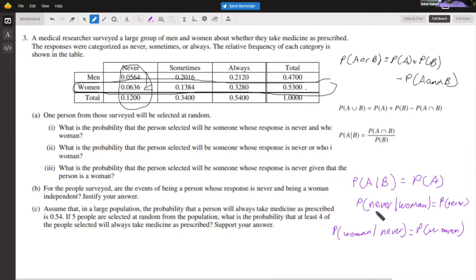Probability of never given that they're a woman. So find that for me, guys. What would that first probability be? Probability never given a woman. We kind of skipped over it because we knew he could do it. But what is it?